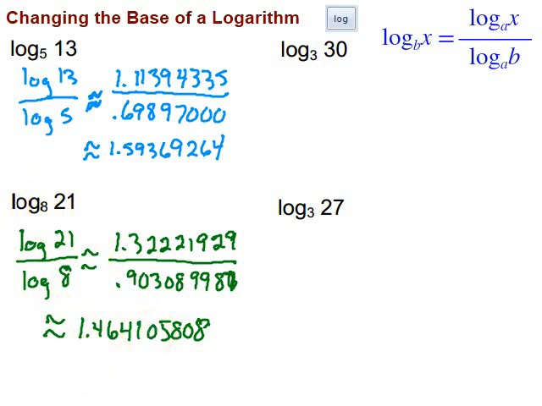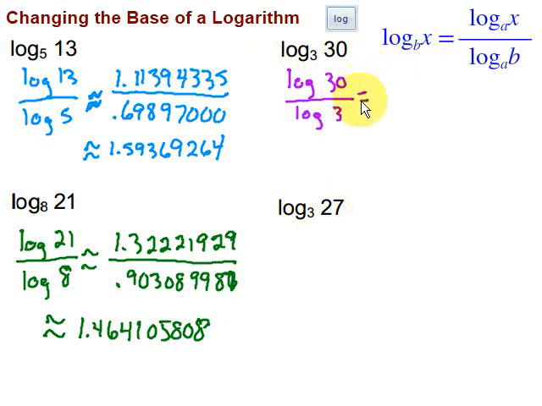For this one, same kind of story. We're going to have the log of 30 over the log of 3. Figure out what those are going to be. So go ahead, use your calculator to do that.